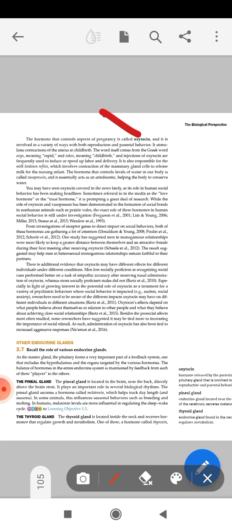First thing you have to note down: research is continuing to study the behavior of oxytocin. We cannot yet say exactly what all the functions of oxytocin are, but whatever we have discovered has been implemented in practical life.